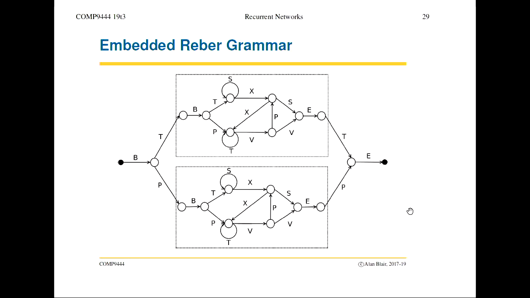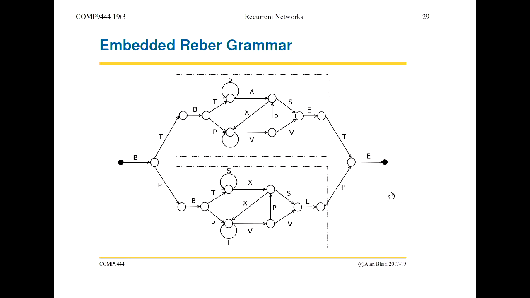There may be 20 characters occurring here, but when I get to here, I have to remember that I saw a P at the beginning and not a T, and vice versa. So it's a bit of an artificial task, but it requires these long-term dependencies.